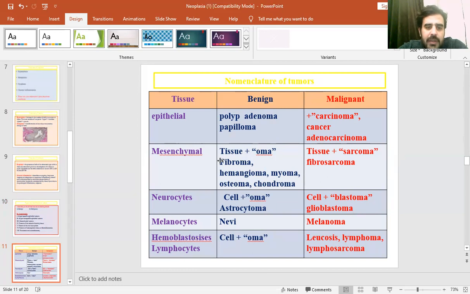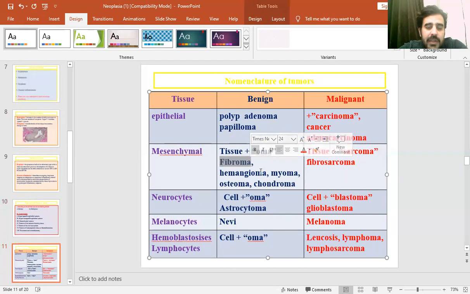For example, in the case of a benign one, it is the fibroma. You can see that FIBR is one word, and OMA is the addition, and OMA indicates a benign tumor. And the malignant one will be the fibrosarcoma.